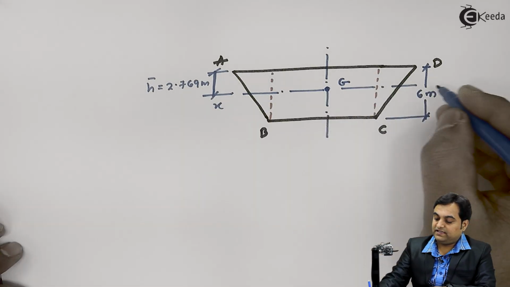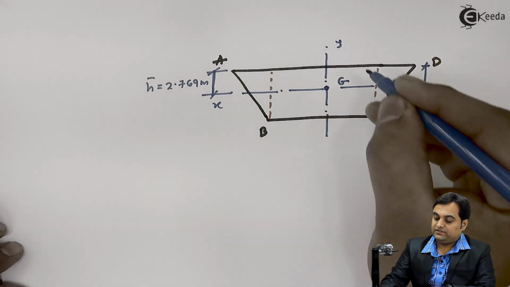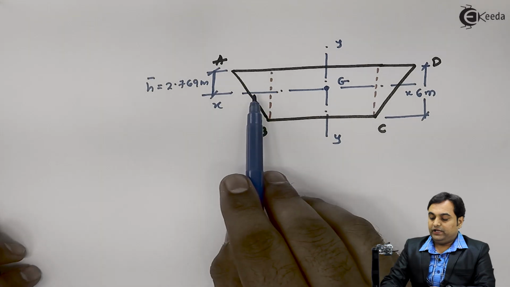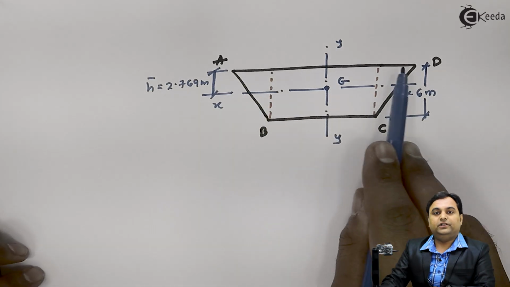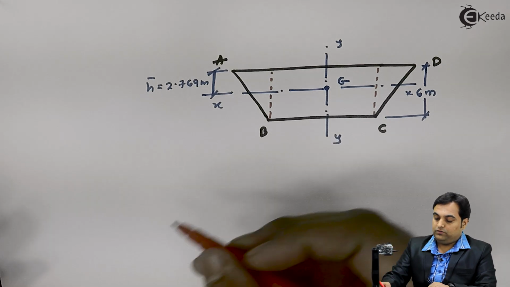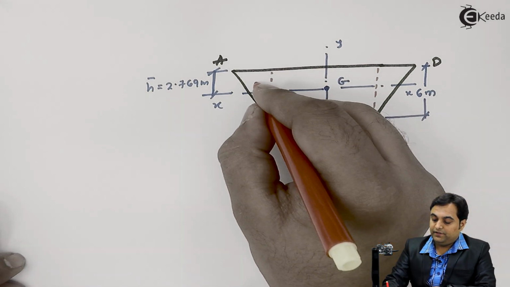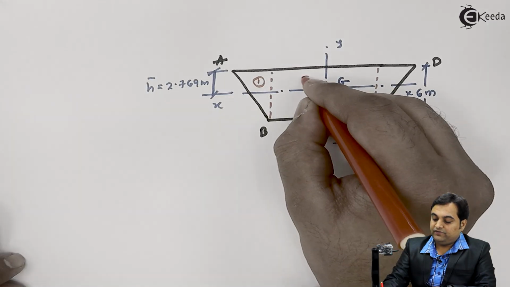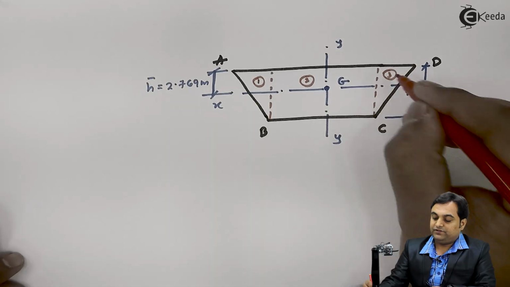I'll call this the x axis, here we have the y axis. Now we need to calculate the moment of inertia for this trapezoidal section about the centroid. Here this would be the first figure for us, the rectangle is the second figure, and this triangle is the third figure.